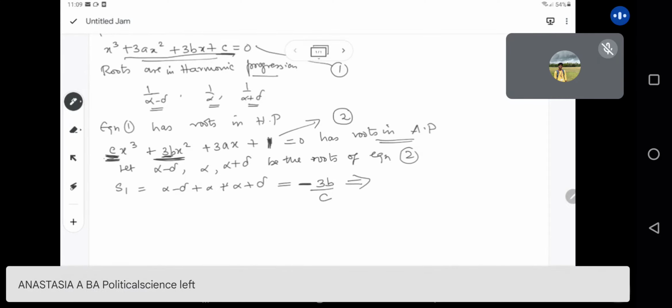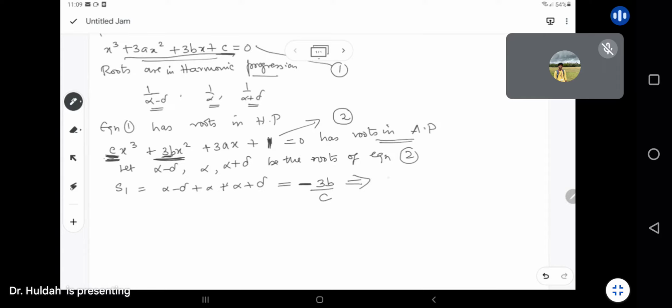This is our S1. Alpha, d and minus d cancel out, so I get 3 alpha equal to minus 3b by c. Bringing down the 3, I get alpha equal to minus b by c.